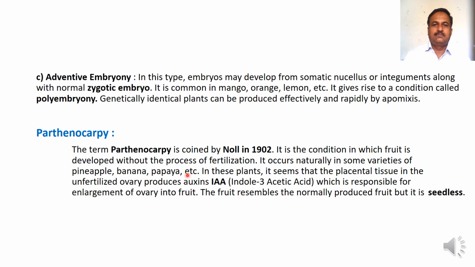In these plants, it seems that the placental tissue in the unfertilized ovary produces auxin, that is indole acetic acid, which is responsible for enlargement of the ovary into the fruit. The fruit resembles the normally produced fruit, but it is generally seedless.